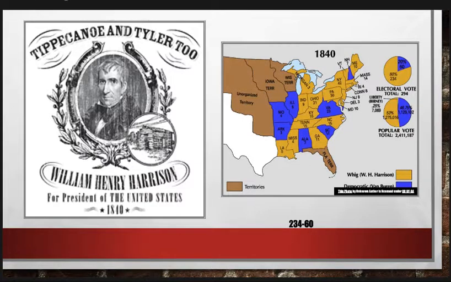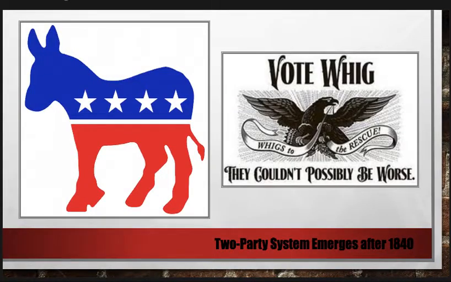Democracy had been something of a myth in the day of the Federalists. The second thing is that the aristocracy is losing its power. Your two-party system really begins to emerge after the election of 1840.